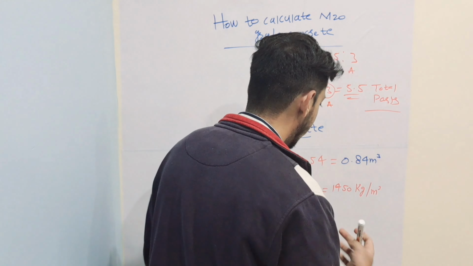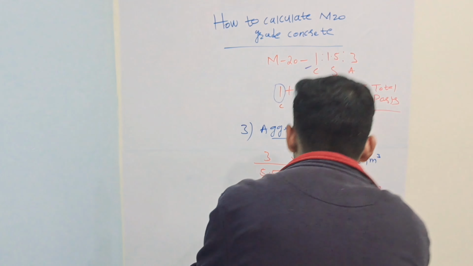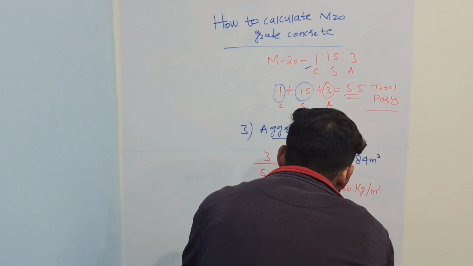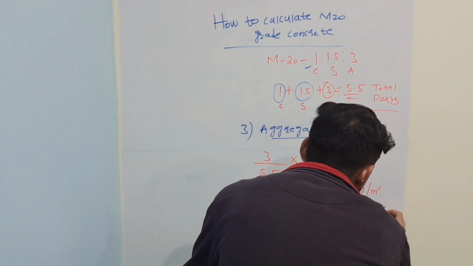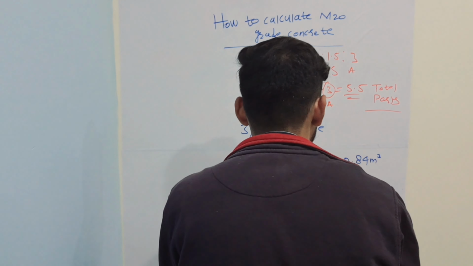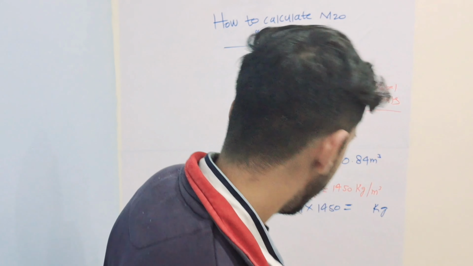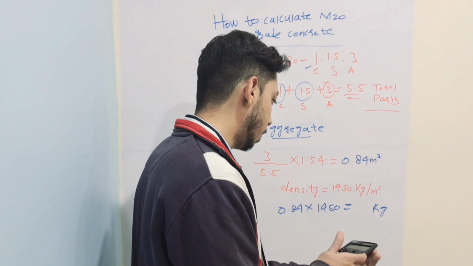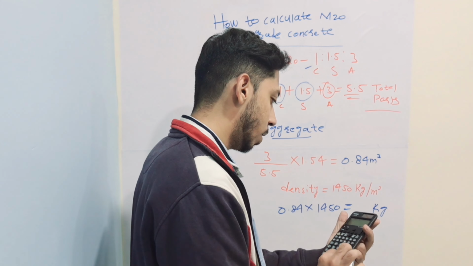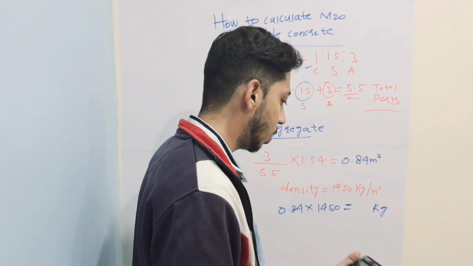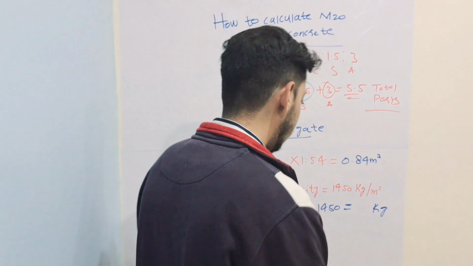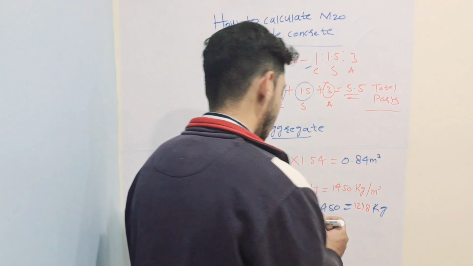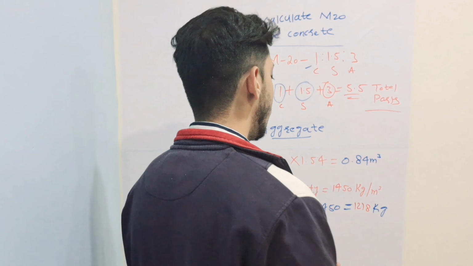Now again I will multiply 0.84 into 1450 to get the answer in kgs, which is 1218 kgs. Now I want this answer in cubic feet.